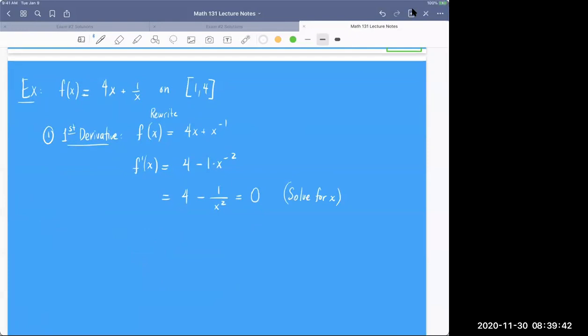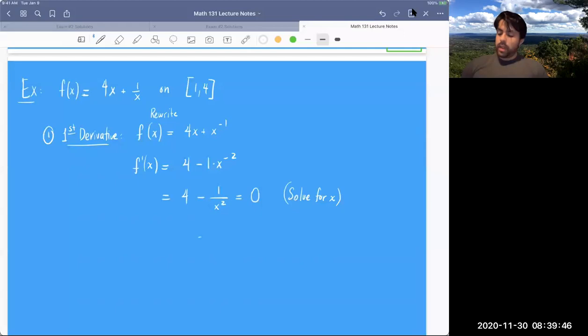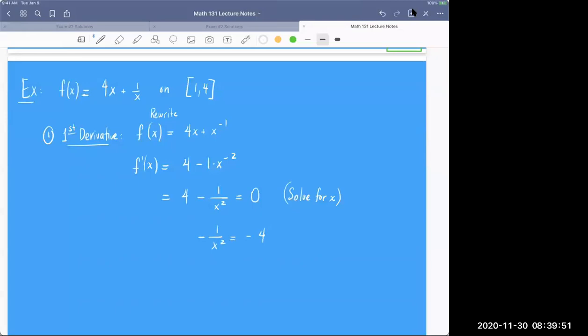You're gonna subtract 4 from both sides. If we do that, I get negative 1 over x squared. And then you're gonna solve for x squared. So you're gonna multiply both sides by... wait, no.